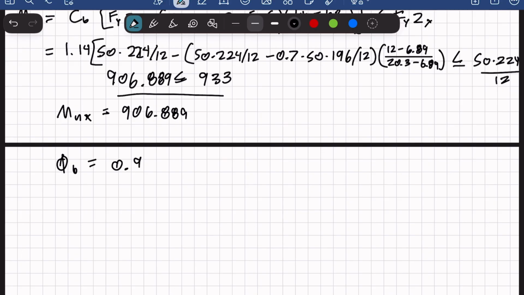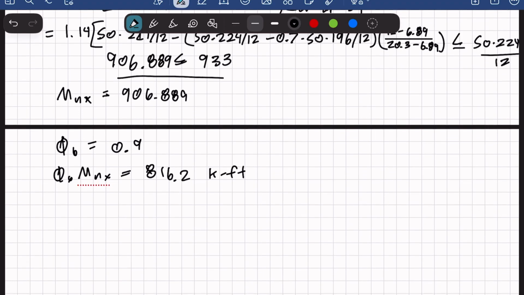So 0.9 times this 906.889, we have phi b Mnx, which is our design strength, is 816.2 kip feet.